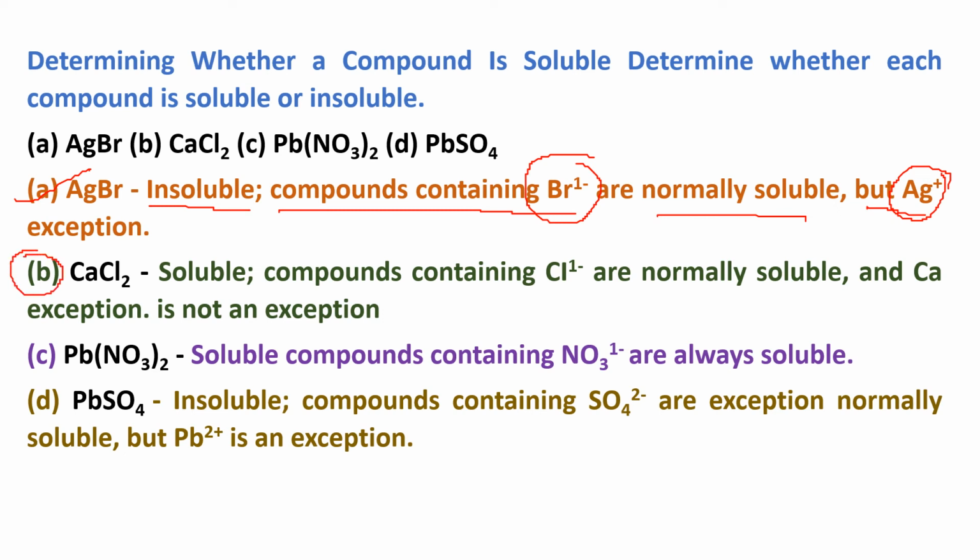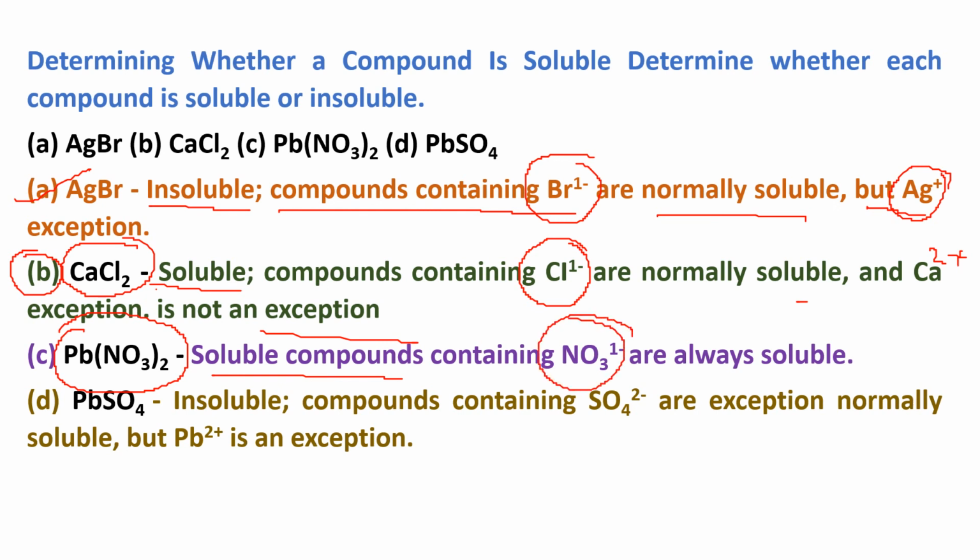Next, sodium chloride, calcium chloride, generally it is soluble because Cl minus, that is chloride ions, are normally soluble, and calcium 2 plus is not an exception. Generally it is soluble. You take lead nitrate. Lead nitrate is a soluble compound, because all nitrates are generally soluble in water.